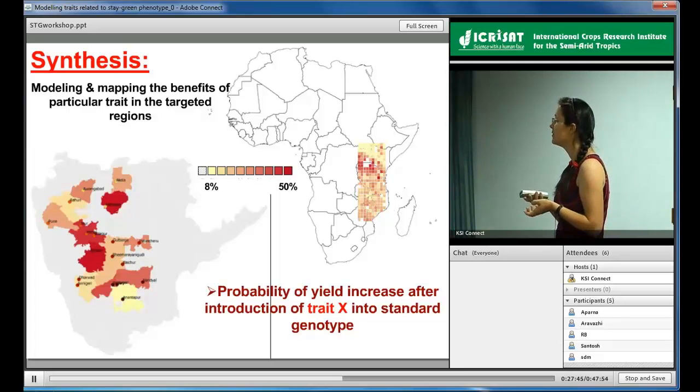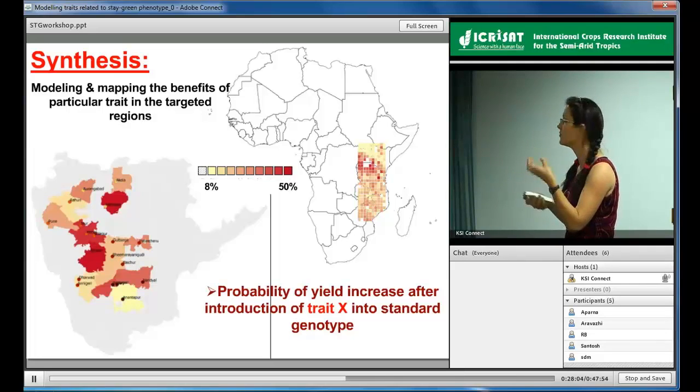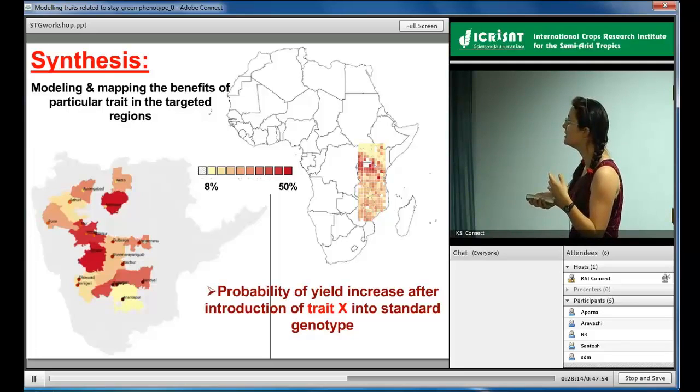One of our big aims for the future is to provide landscapes across huge areas of crop growing areas, and a tool for considering: if you develop crops with such traits, it can be far more useful for the areas, for example in this case, which are reddish, because the probability of yield increase is higher in these areas than, for example, those which are yellowish here.